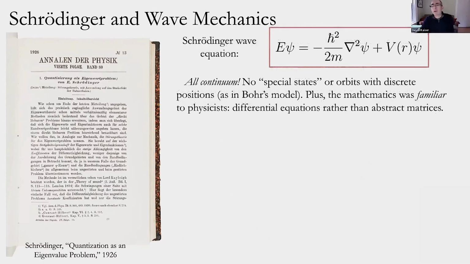Okay, many of you have probably seen this before, that we still call it the Schrödinger wave equation. And let's just talk for a few minutes about the nature of that expression. First of all, it's all continuum. This wave function psi seems to behave just like any other wave quantity. At least there's no reason to think it wouldn't from this expression. It should be varying continuously across space, gently, having a slightly different value here than there.